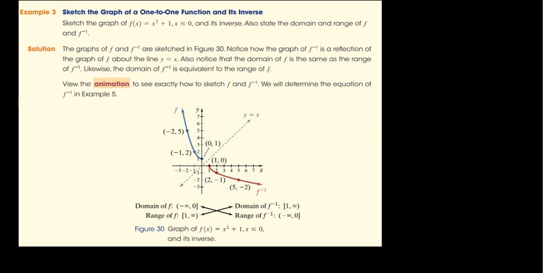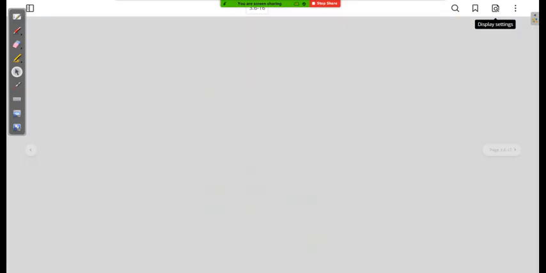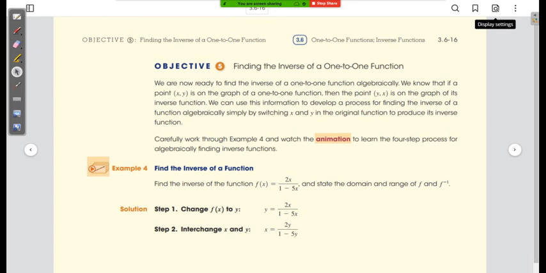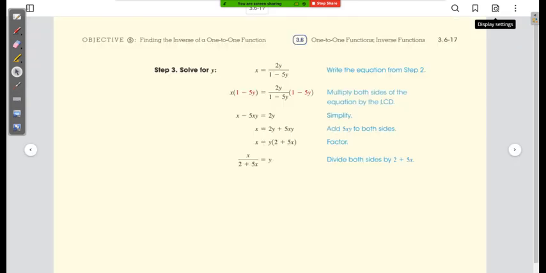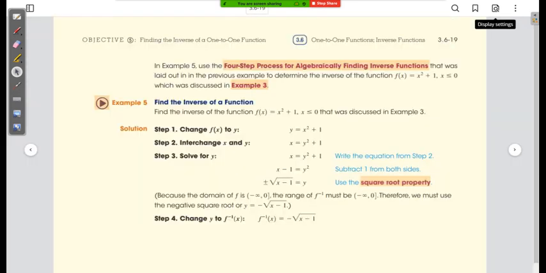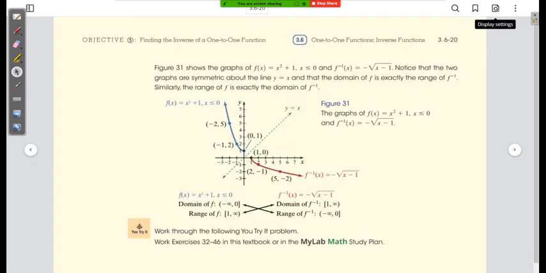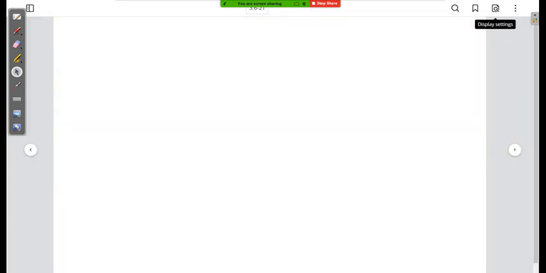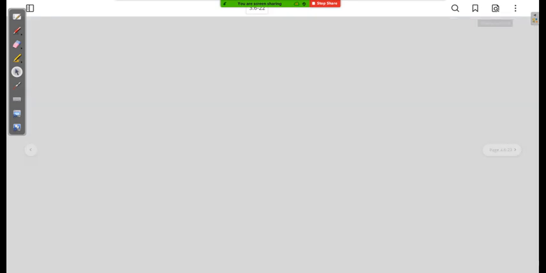I'm pretty sure we do an example where we have to figure things out in this section. Let me see. I'm wasting time. Oh, actually, we don't. Okay, I guess we don't do it in this section. We'll do it in the next section.